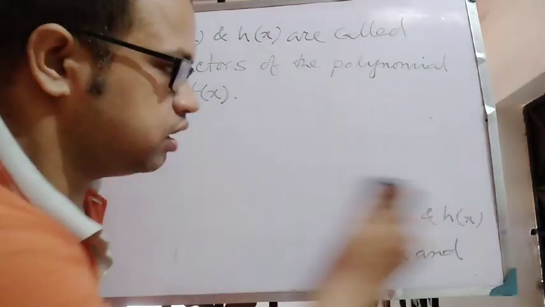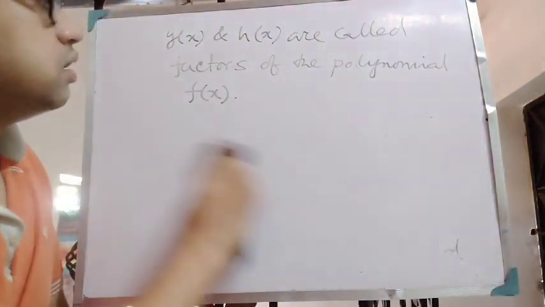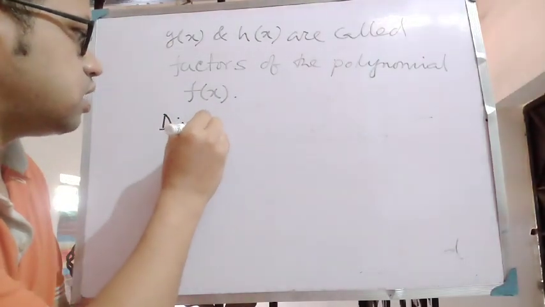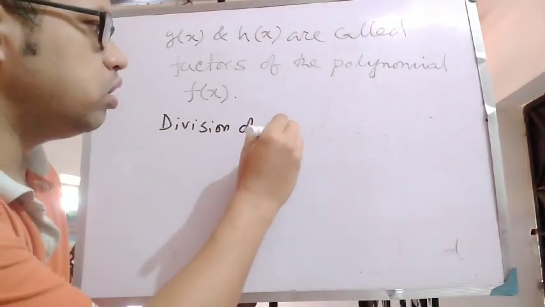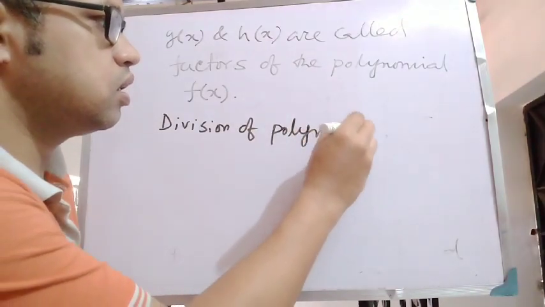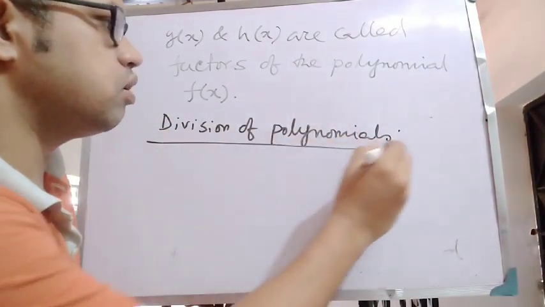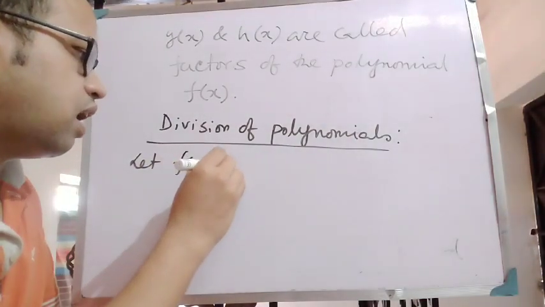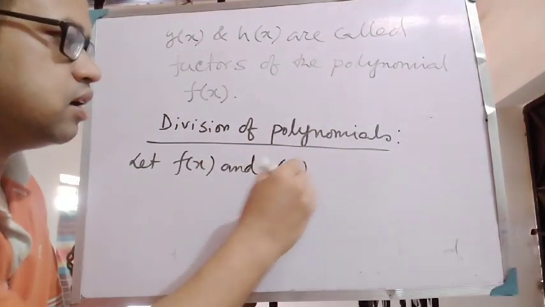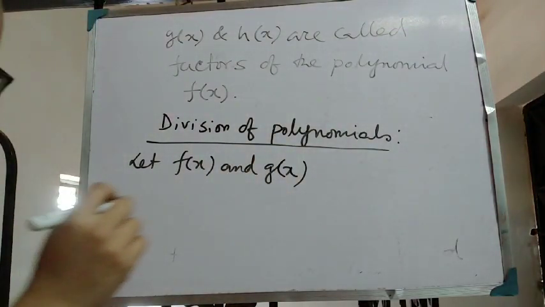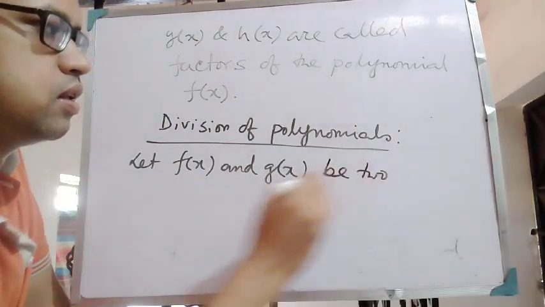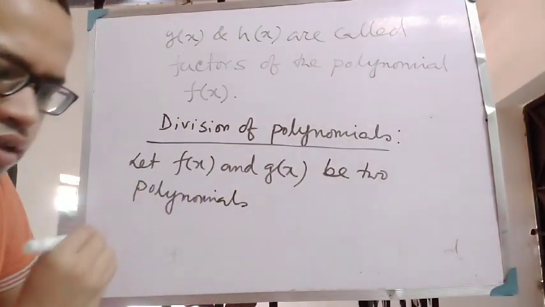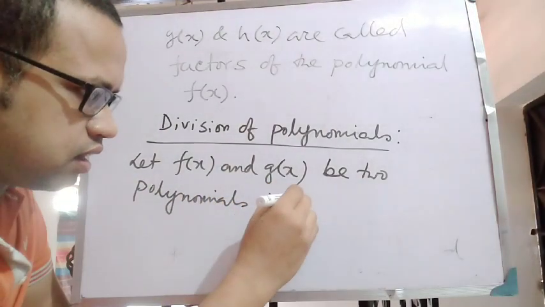So that is why division of polynomials is written differently. What about division of polynomials? Let f(x) and g(x) be two polynomials in x.